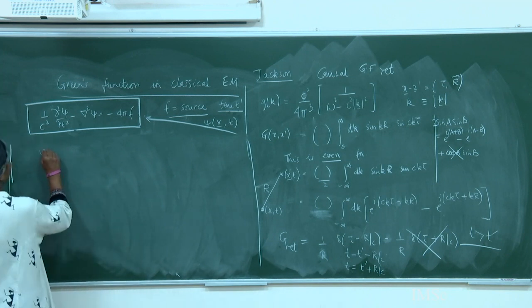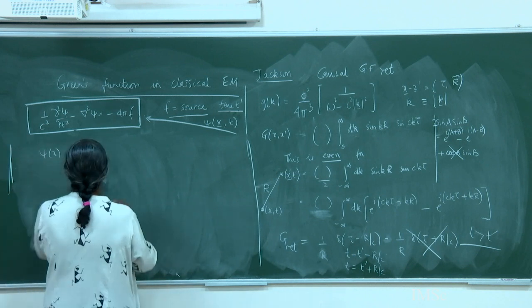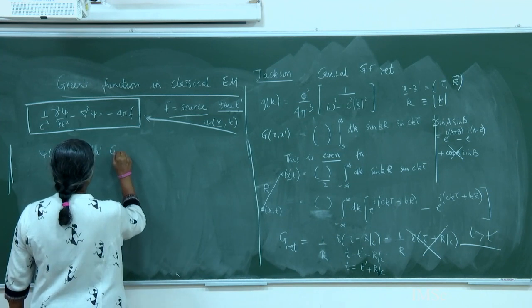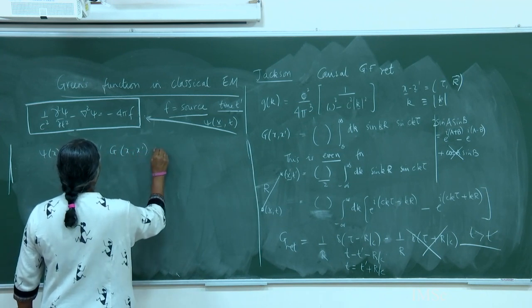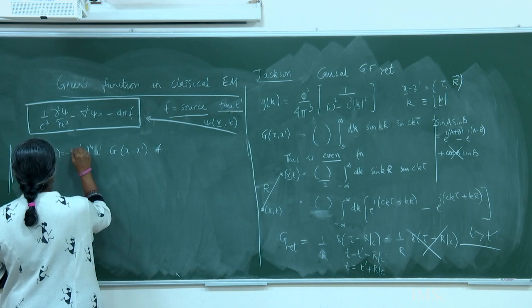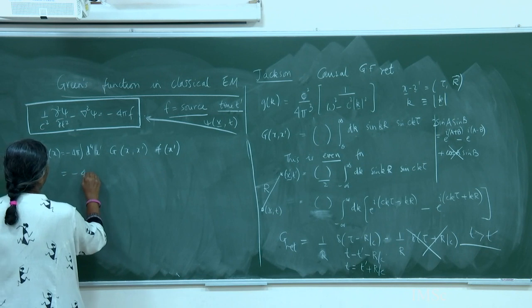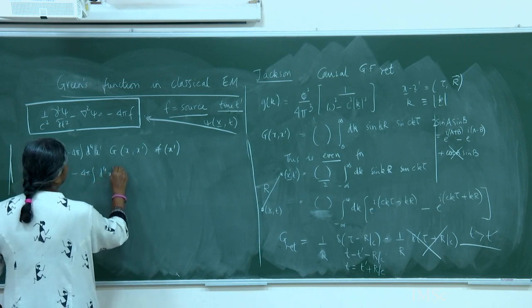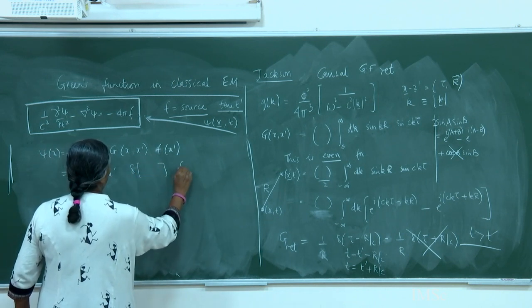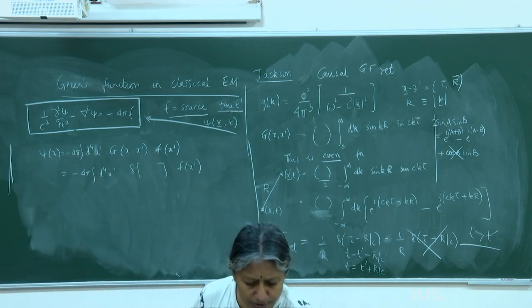All you have to say now is psi of x is therefore the integral d4x prime, G of x prime, there was a minus 4 pi somewhere, not important, that is minus 4 pi d4x prime, and then this is simply delta, so of f of x prime, apart from the other parts.